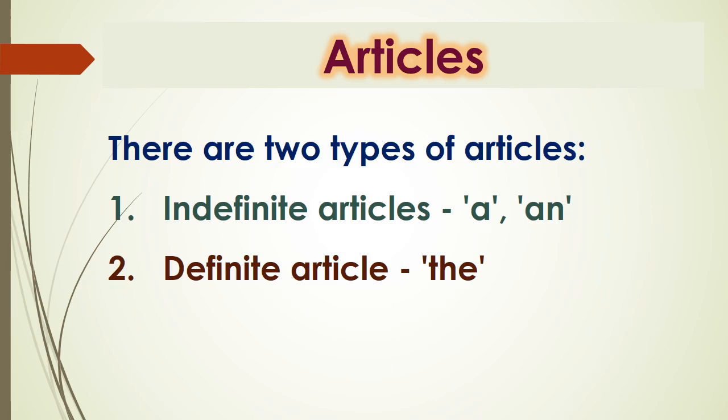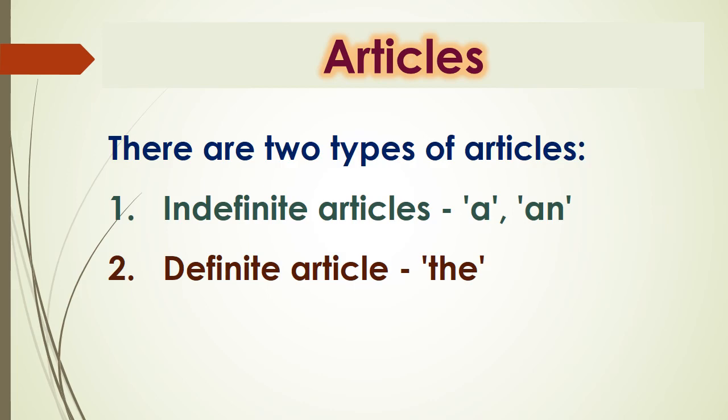If you remember students, in lesson number 1, we have already discussed the indefinite articles a and an. And in lesson 2, we have discussed the definite article the in detail. But once again, for your recapitulation, I'm going to give you the meaning of the articles.